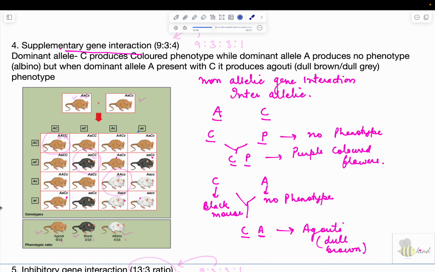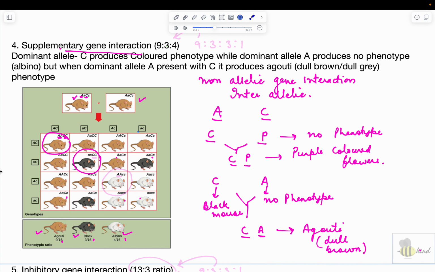So in this case, you can see two agouti mice were crossed together. Why are they agouti? Because they have two dominant alleles here. When they are crossed together, they will produce three kinds of mice: 9 agouti, 3 black and 4 albino. We'll take one by one. Why is this agouti? Because it has both the dominant alleles. Why is this black?